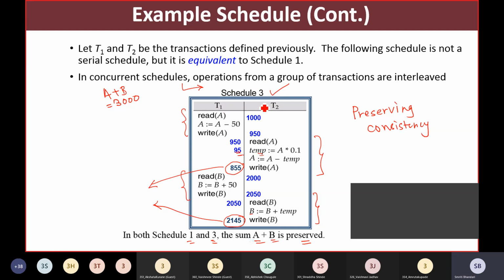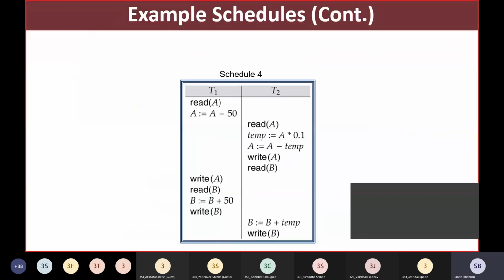And if such a schedule I am able to create, then that schedule is acceptable by the database system. And such kinds of schedules always maintain the consistency of the database.